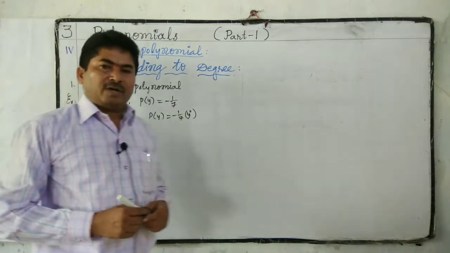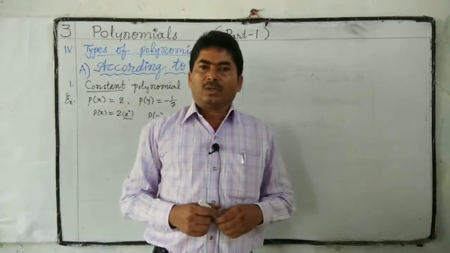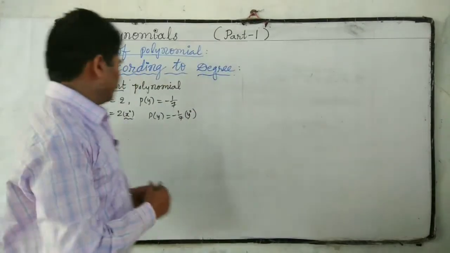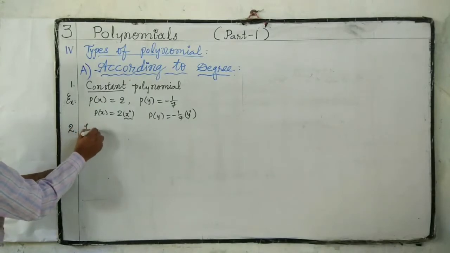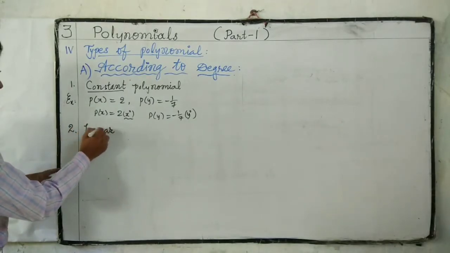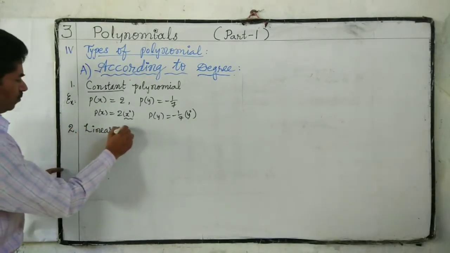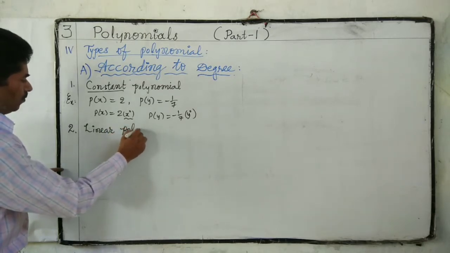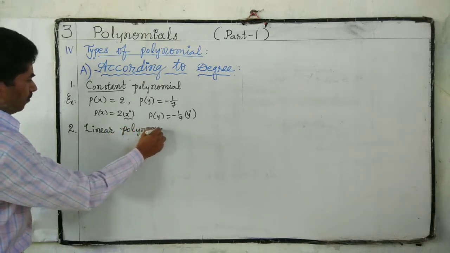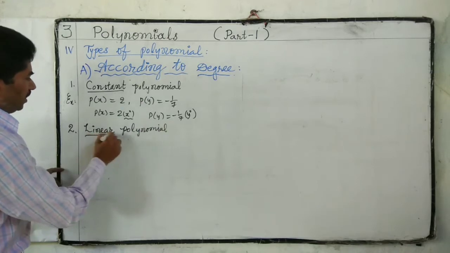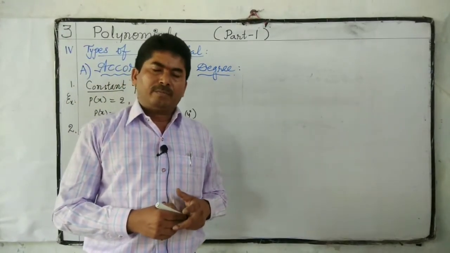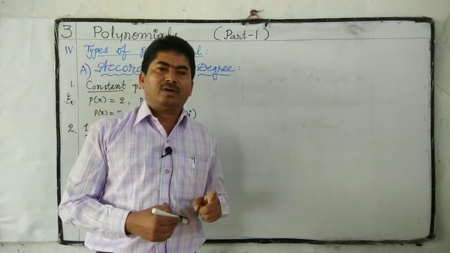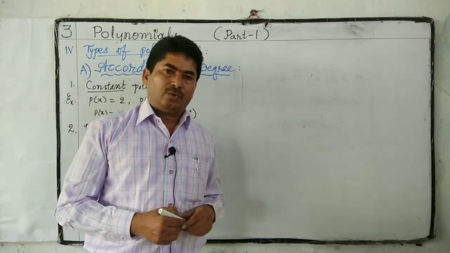Next, second one, linear polynomial. A polynomial of degree 1 is called a linear polynomial.